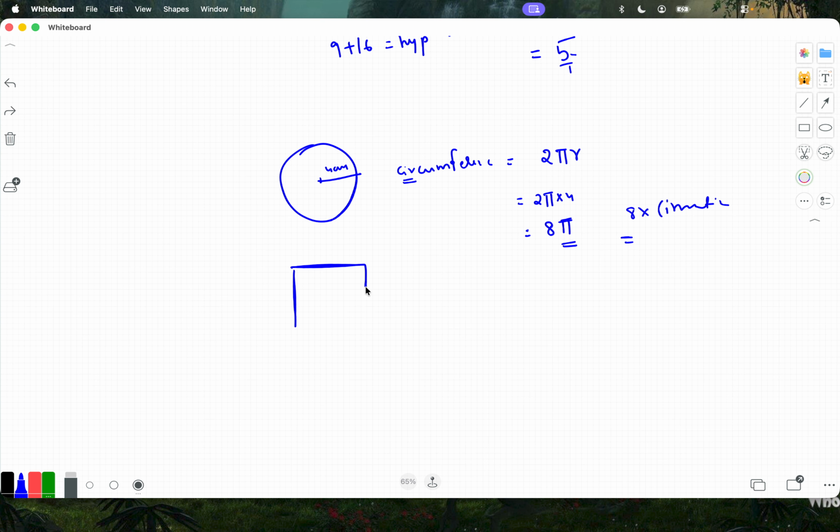Then we'll go to a square whose diagonal is root 72. Now what is the length of the side of the square? All sides are equal, and by Pythagoras theorem, a square plus a square equals hypotenuse square. So square root cancels. 2a square is equal to 72.